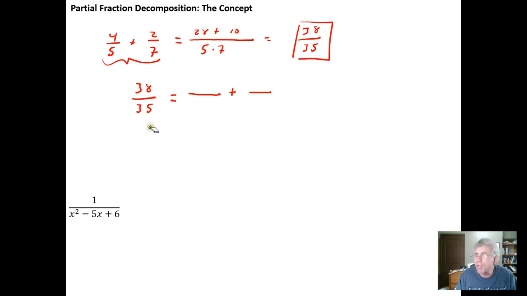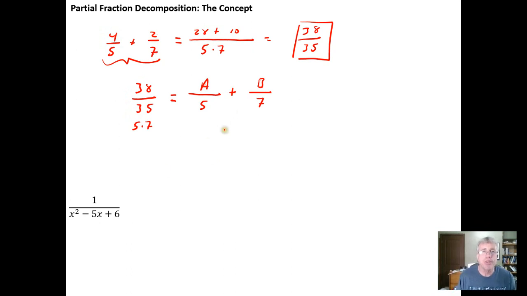Well, a strategy that you could employ to determine this would be to factor the denominator that you have, the 35, into its factors, 5 times 7, and then you could identify that these are the candidates for denominators in ratios that you add up to get 38/35. And you could say, hey, I wonder what goes here, and I wonder what goes here. And then you'd have to come up with some techniques for figuring out what A and B actually are.